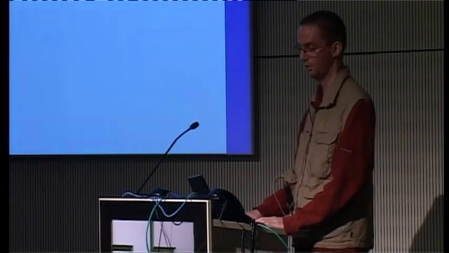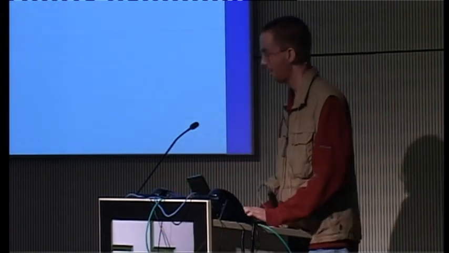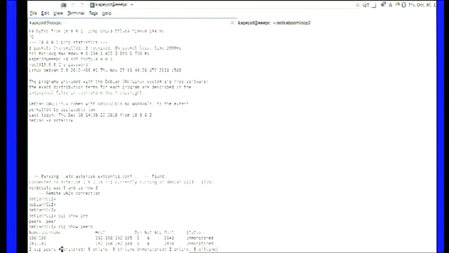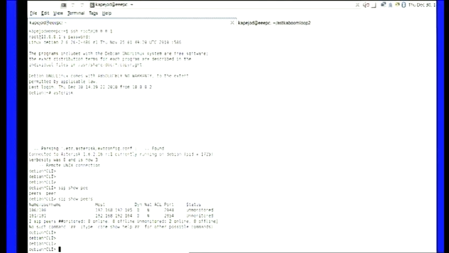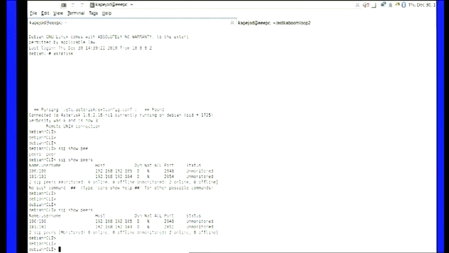But it's just a standard SIP phone. Have one of them registered yet? Not registered, which is a bit strange. This one is registered. Okay, the other one is registered too.